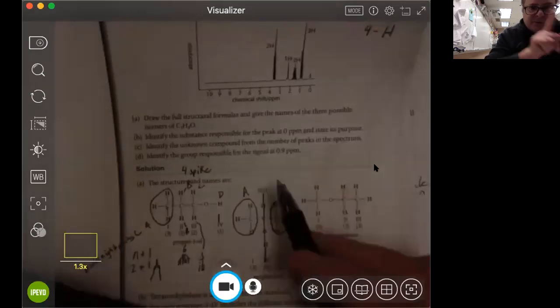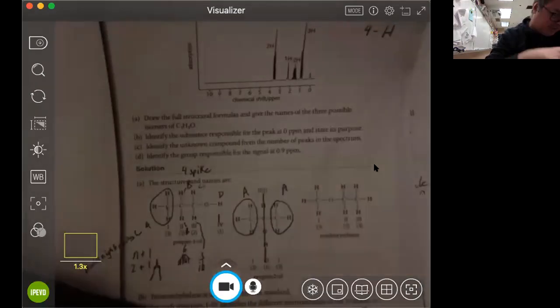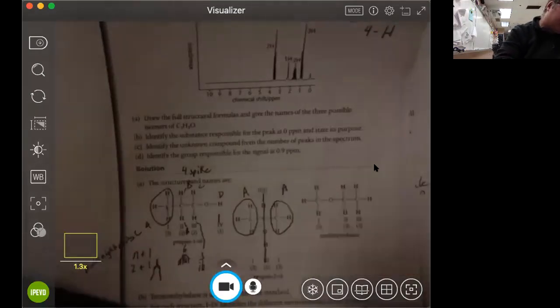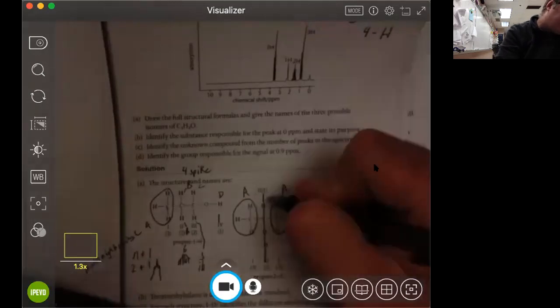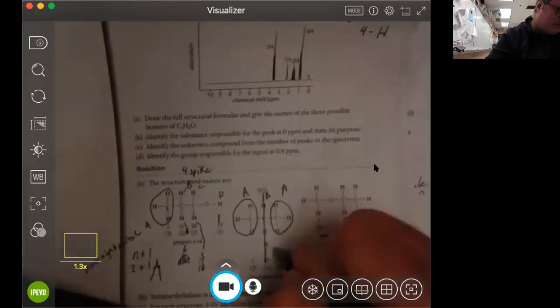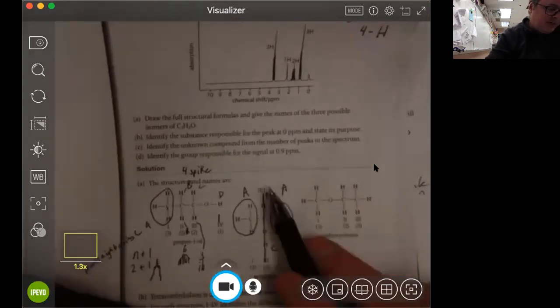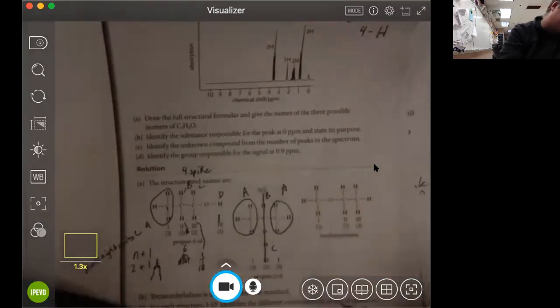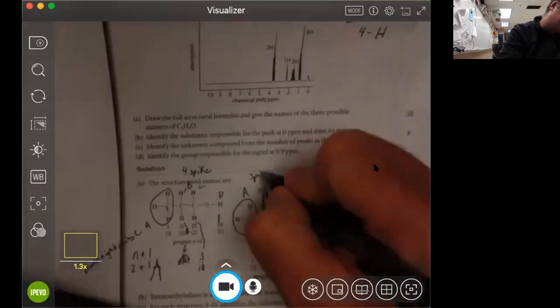So that's one way we could rule this one out immediately, because we don't have something with 6. If we take a look here, this would be B. Here, this would be C. So we only have 3 spikes on this one.